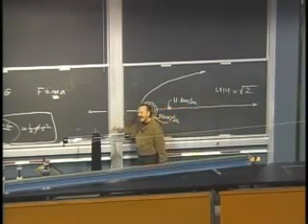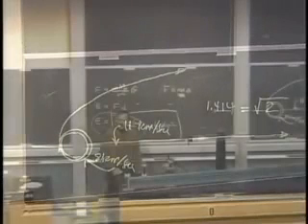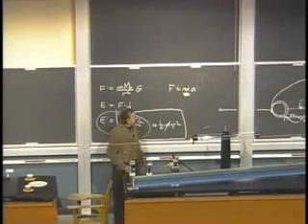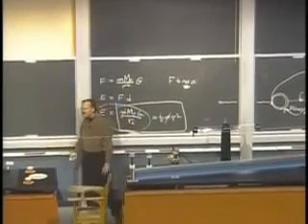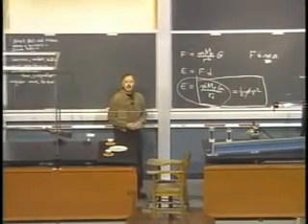The energy to escape is exactly the square root of 2 bigger. You can show that using calculus. It's not hard. I'm not going to bother doing that. So it's a factor of 40% bigger to escape. And that's true whether you're escaping from the sun, the moon, the Earth, or Pluto.